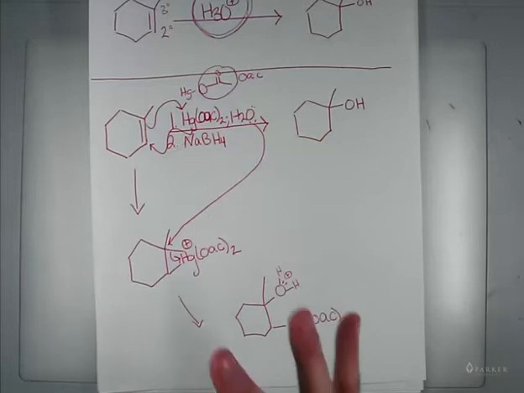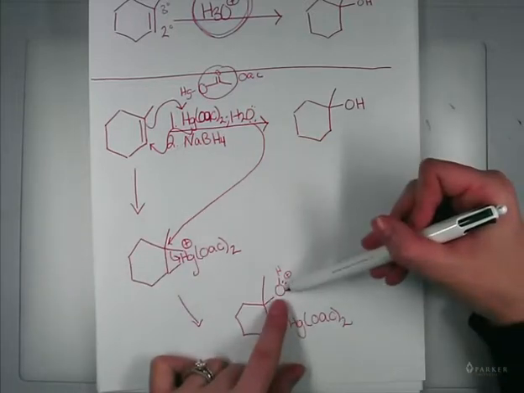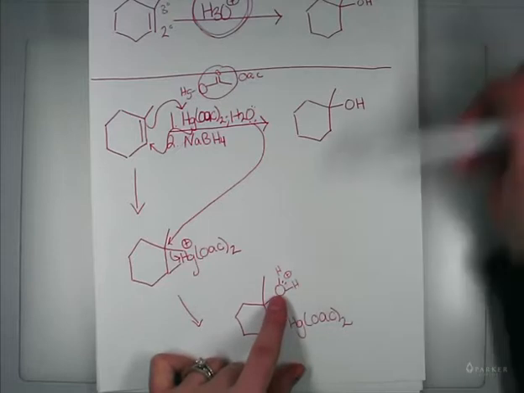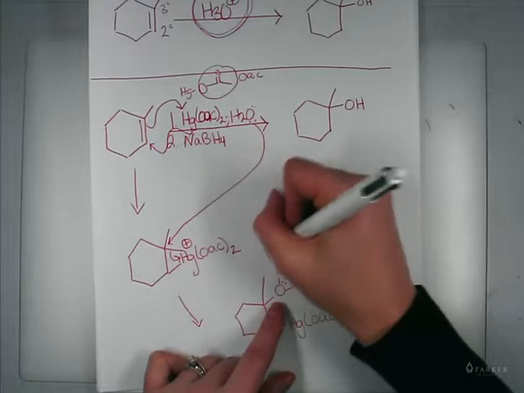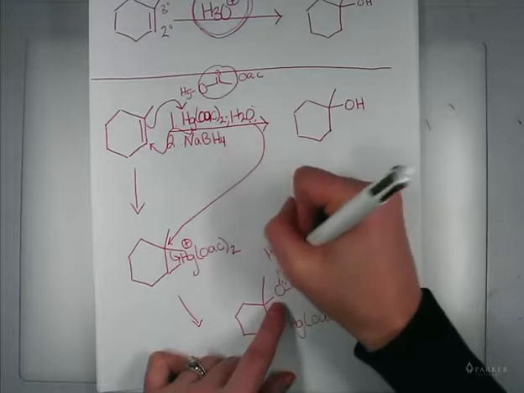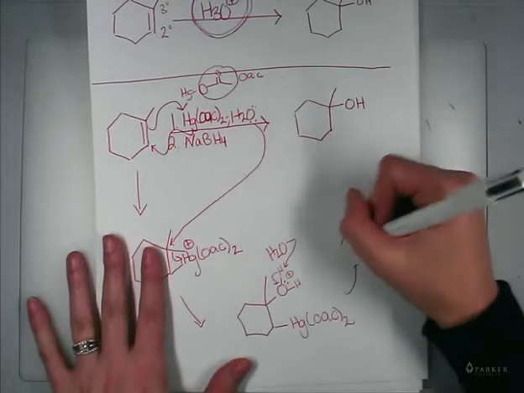Let me just do this step really quick, because again, it's not a mechanism you need to know. Do you see that it added as water, but in the final product, what is it? OH. So we're just going to use one of our magic waters again and take off one of the hydrogens.